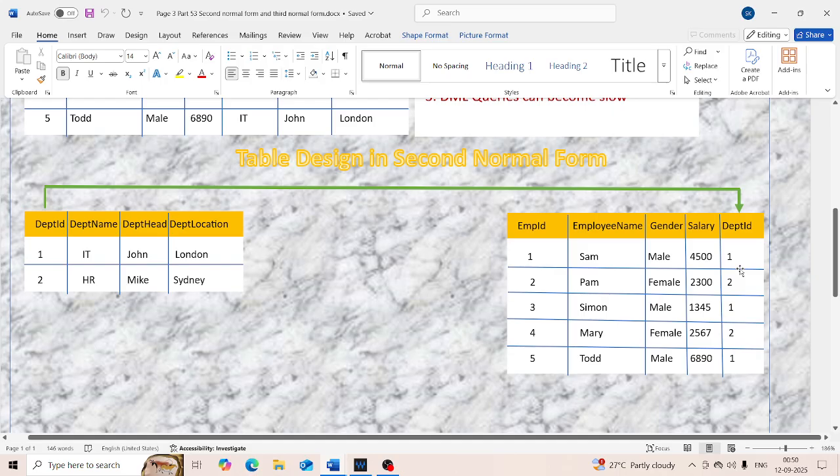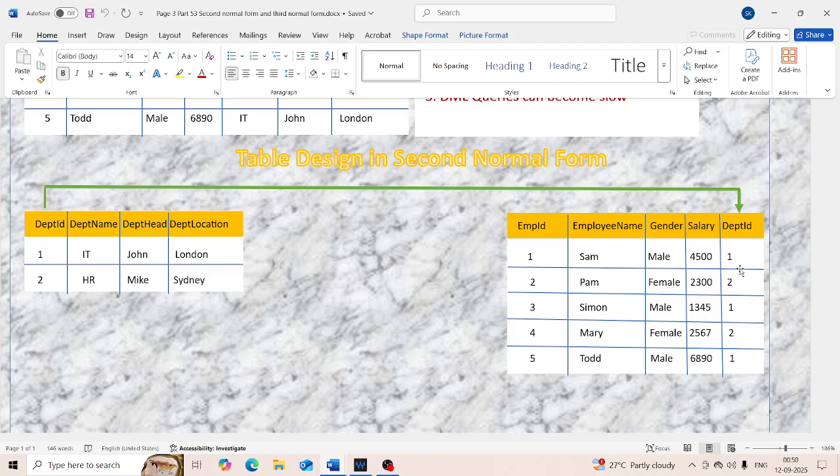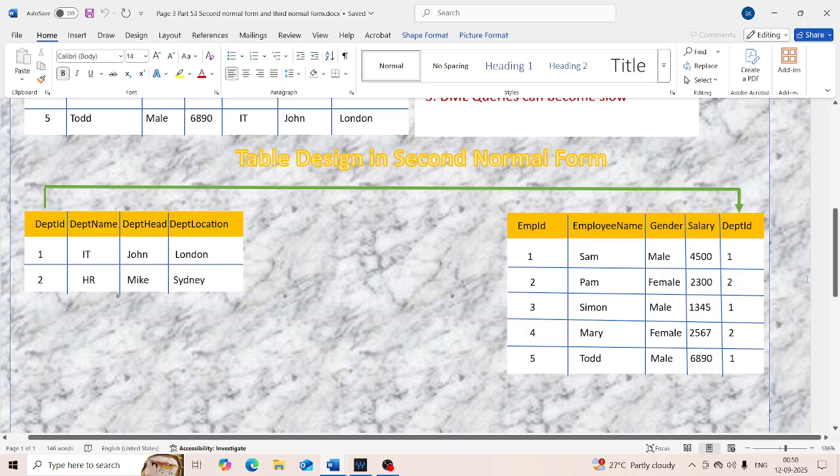So we are using this column to establish the relationship between employees and department tables.